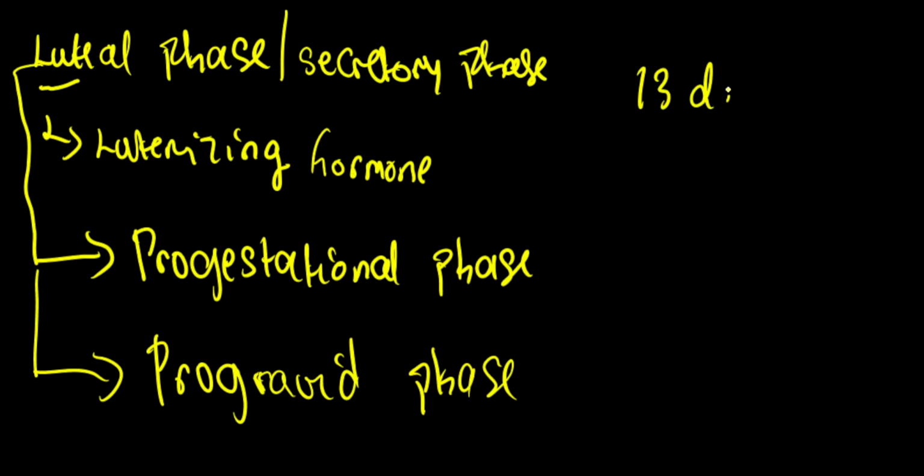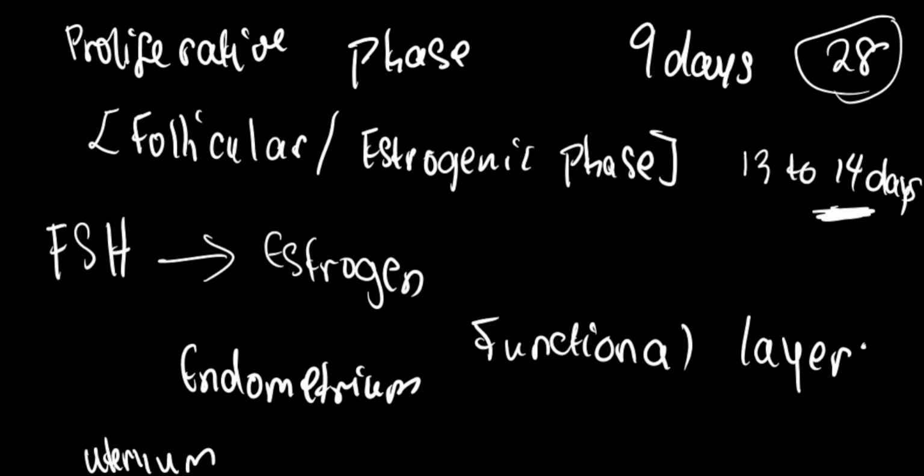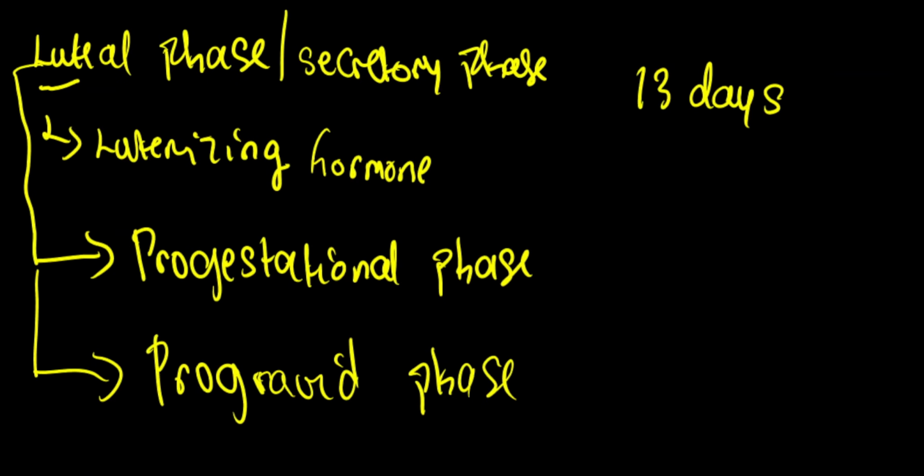Good for us to take note of the fact that the secretory phase lasts for about 13 days. So when we go from the menstrual phase to the proliferative phase we had an average of about 13 to 14, and now we have the secretory phase lasting for about 13 days, so we'd have 14 plus 13 or 13 plus 13, so on average 26 to 27 days from the menstrual phase, the proliferative phase, and the luteal phase.